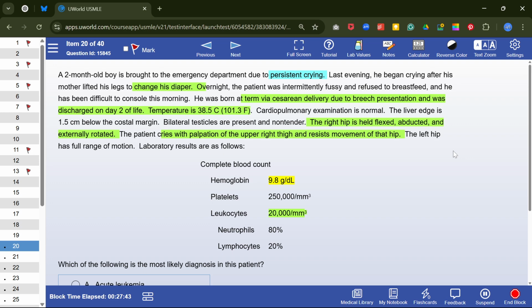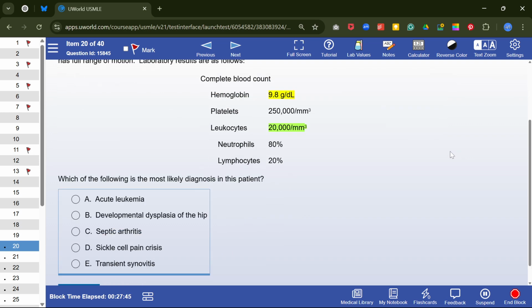The left. Is it DDH? Then it is transient synovitis. Then it is sickle cell bread crisis. It is septic arthritis.